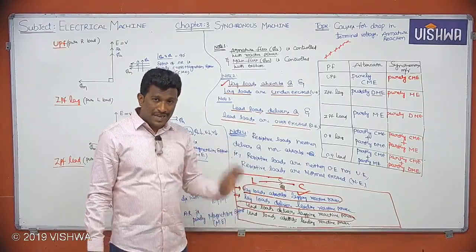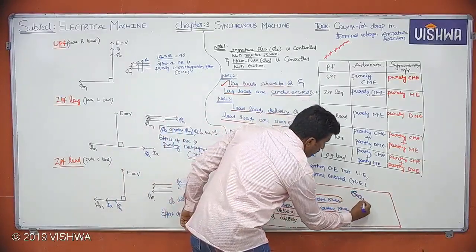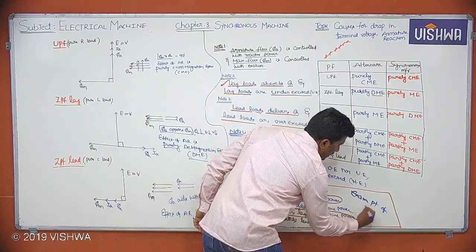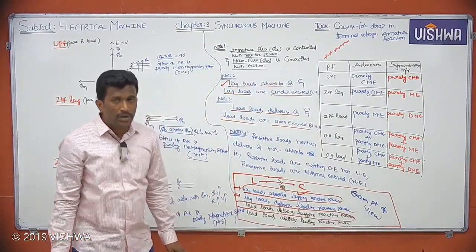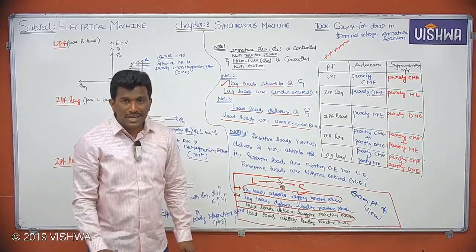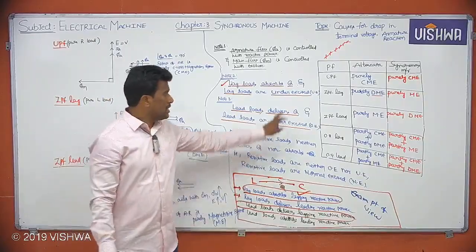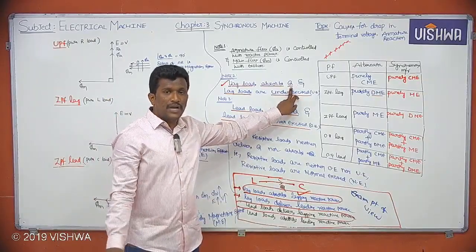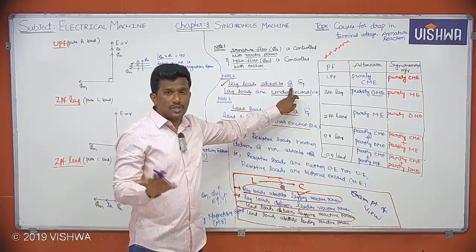Please write, if you want, you can write here: exam point of view. But in my discussion, I won't use the words lagging reactive power or leading reactive power. Simply, I will be using reactive power. By default, I'm focusing on lagging reactive power.